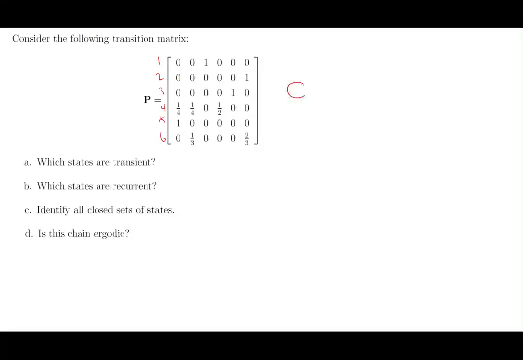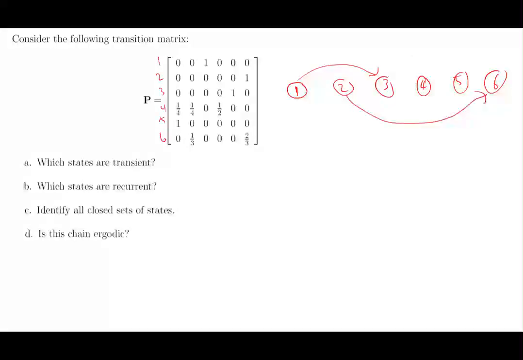Okay, so 1, 2, 3, 4, 5. I'll just draw it this way. It's probably going to be a little messy here. One's going to go to 3. I don't really care about the values. As long as there's a positive value, we know there's a probability that it's eventually going to go there at some point. From state 2, you're going to go to 6.